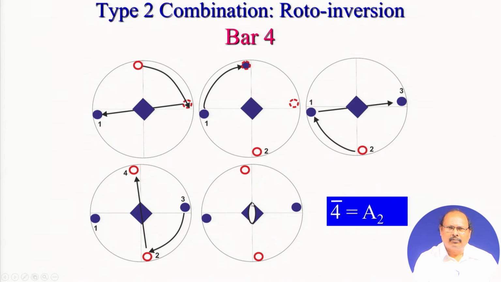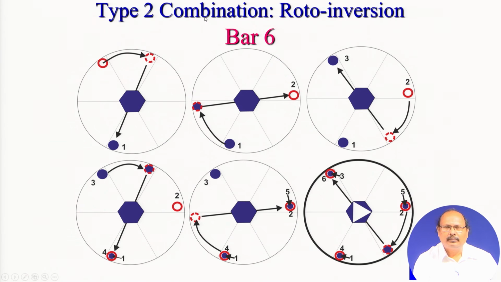But bar 4 is not exactly a dyad. In case of a dyad, only 2 motifs are related and they are planar motifs. In case of bar 4, there are 4 motifs here. So, bar 4 acts like a twofold axial symmetry, but it is not exactly twofold axial symmetry. You need to be very careful here.